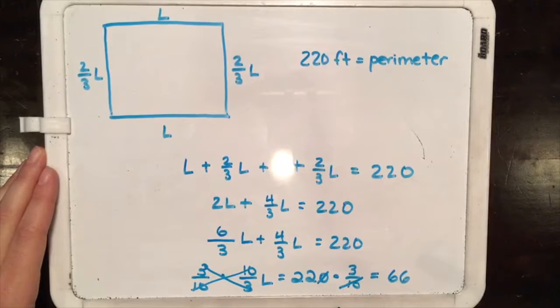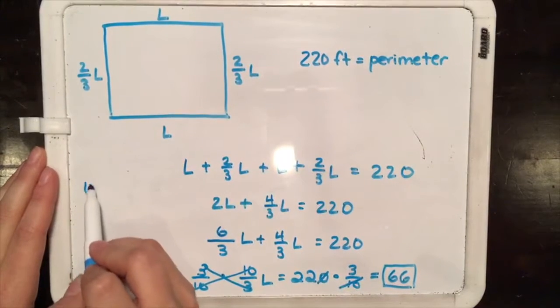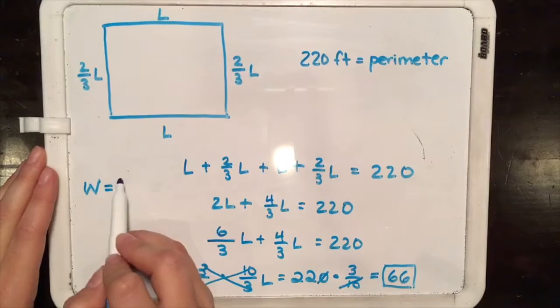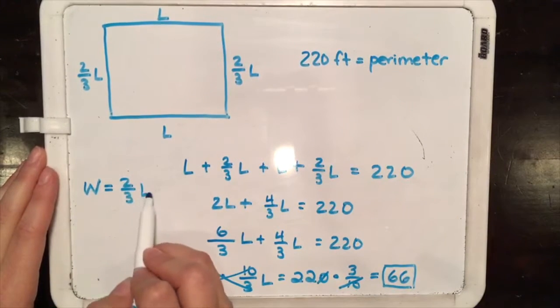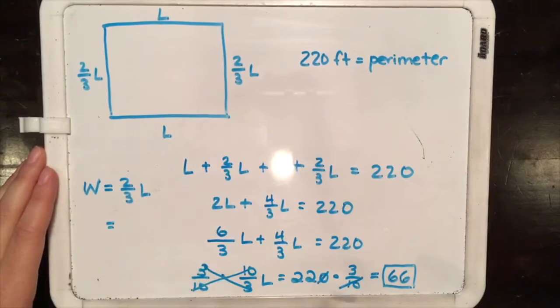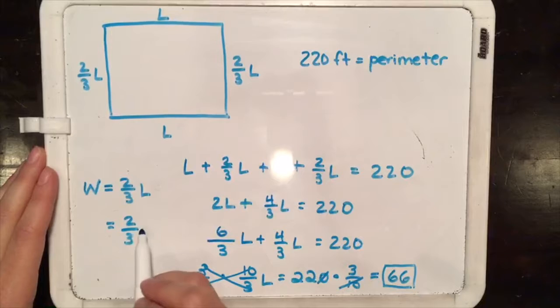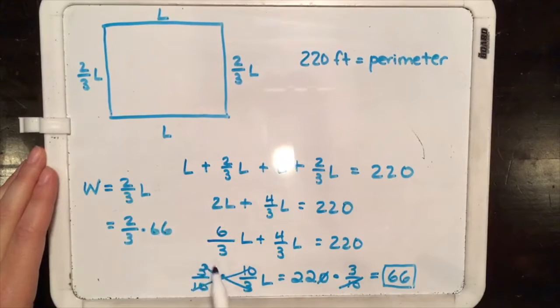We're left with 22 times 3, and that equals 66. This could also be done in a calculator. 220 times 3/10 equals 66. So we have found the dimensions of L. The only thing that's left to find is the dimension of W, but we know that W equals 2/3 L, and since L we found was 66, we're going to multiply 2/3 times 66.